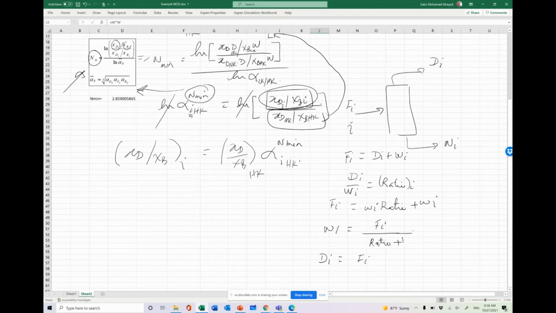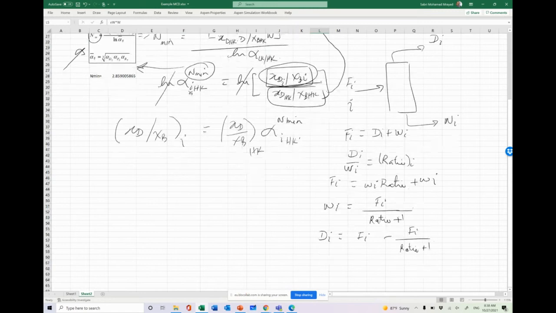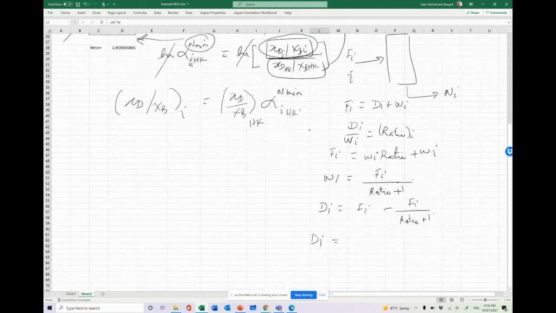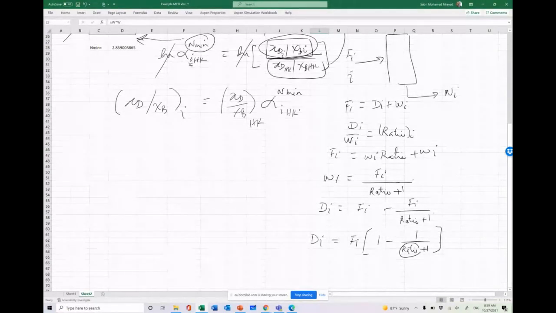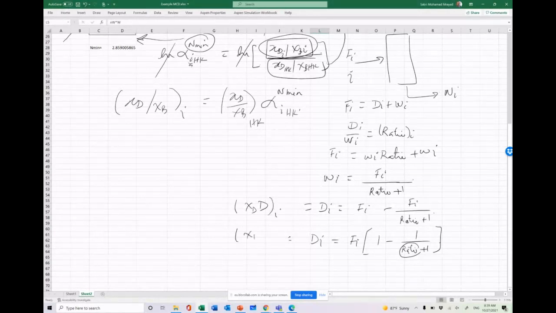So now Di is equal to what? Whatever goes in, Fi, minus Wi, which is Fi over the ratio plus 1. Or I can write here Di is basically Fi multiplied by 1 minus 1 over the ratio plus 1. Now the ratio is given or already determined, and this one is basically xD Di of component i, of course, and this one is basically xW Wi.